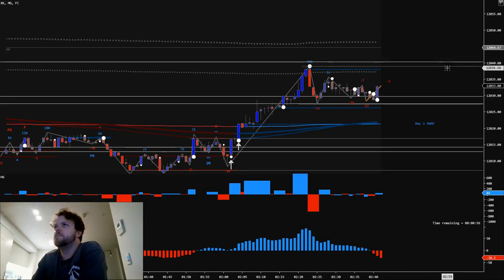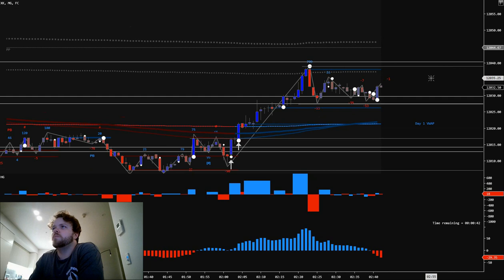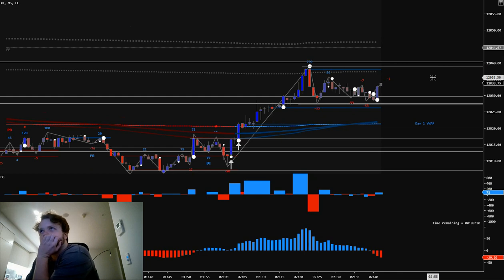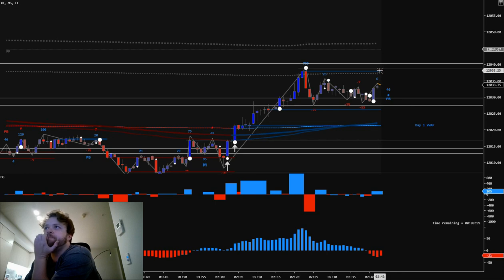But I'm sticking to my game plan of taking buys above this zone here and working with that basically. The price could come, tap this zone, come back down again, and shoot back up.